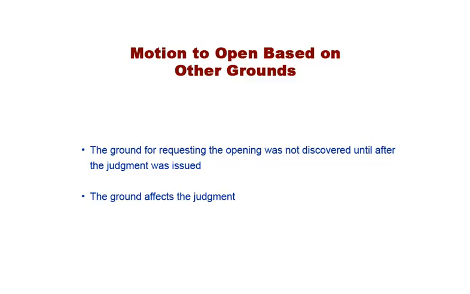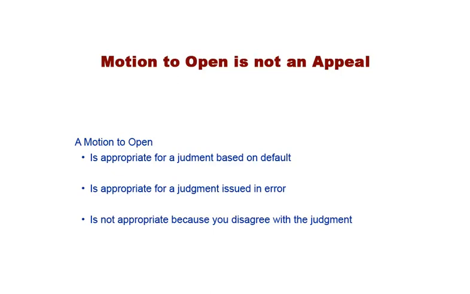The ground is one that affects the judgment being carried out or applied as intended. Grounds can include, but are not limited to, newly discovered evidence, fraud, duress, or a mistake not discovered until after the judgment.